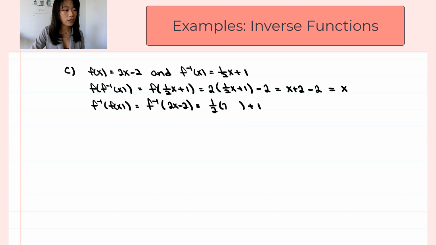The input is 2x minus 2. Again, I expand the bracket. I get x minus 1, then plus 1. And this equals x again. And that is the end of the proof. So we just proved that the function that we found, the inverse of f, and the original function f of x are inverses of each other.